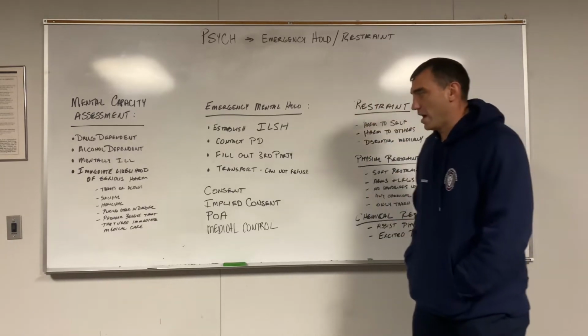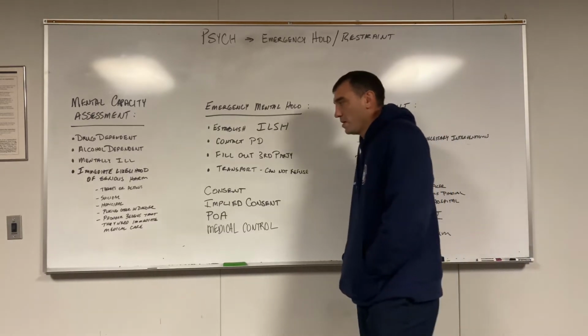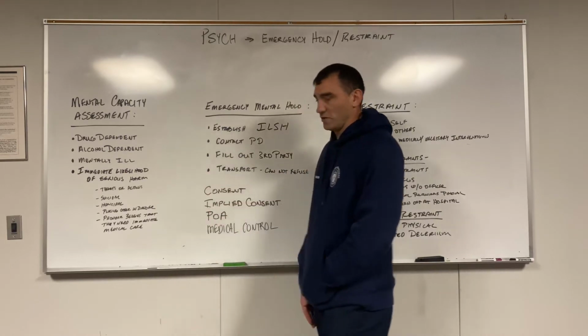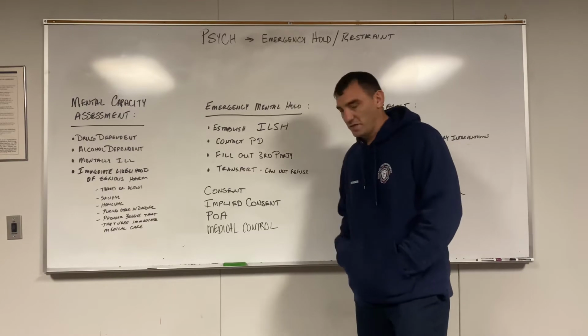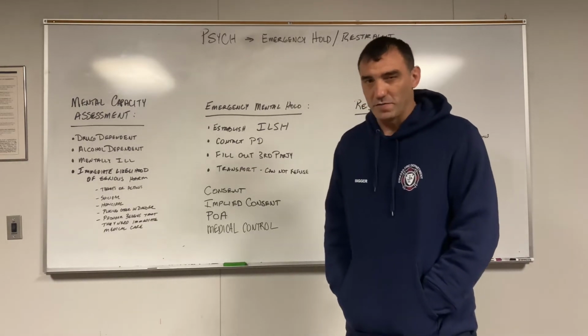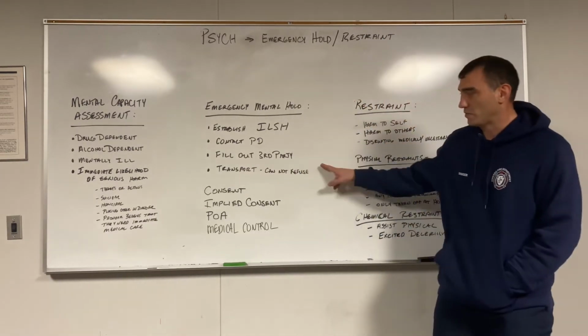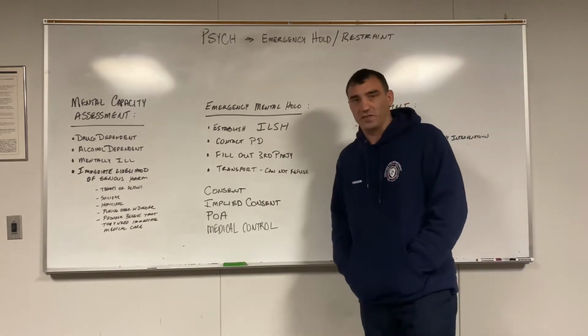In the event that you have somebody who is seriously injured, for example, and you don't have time to wait for PD to go through this procedure, we can use implied consent.